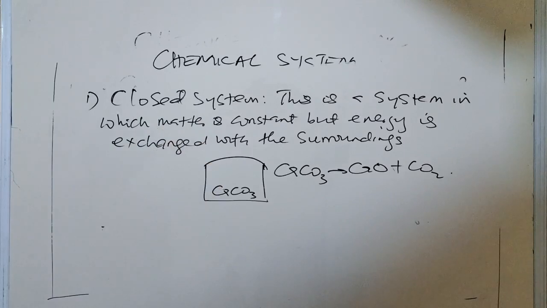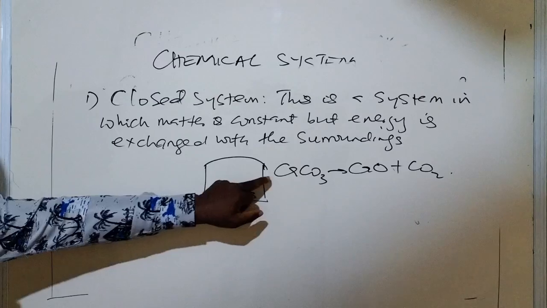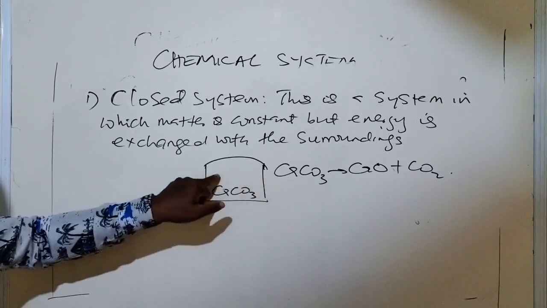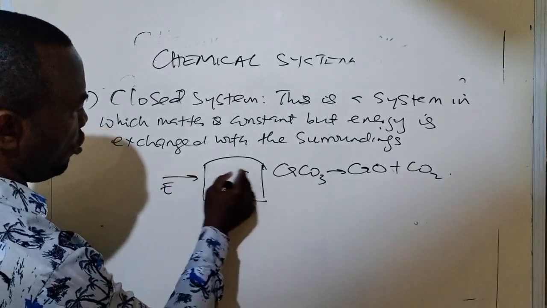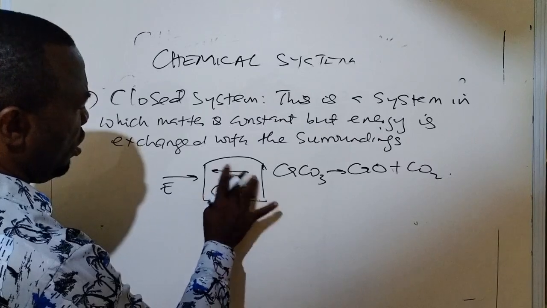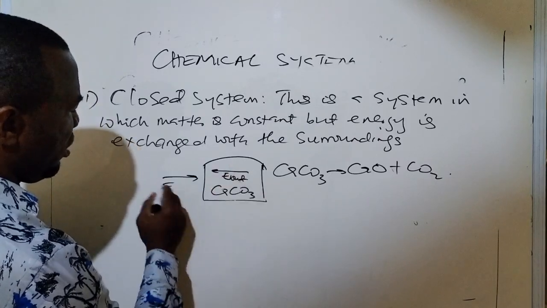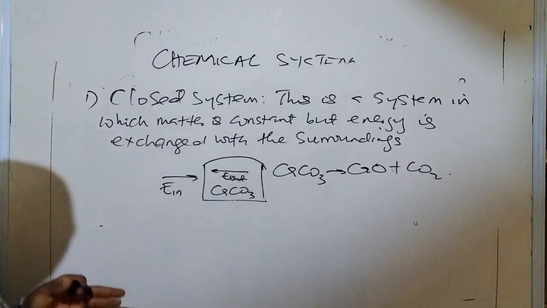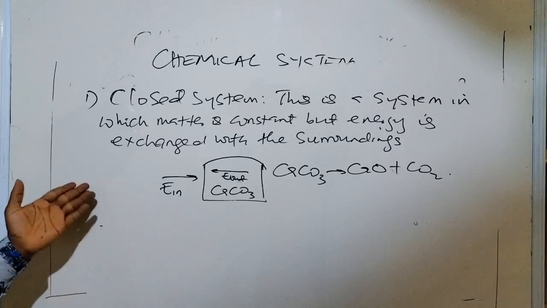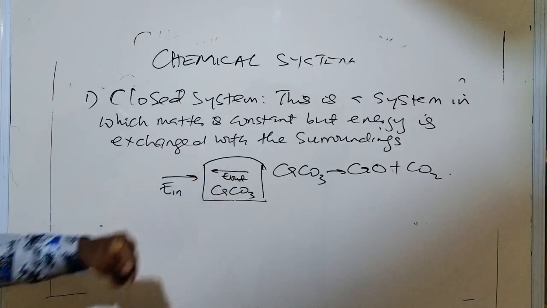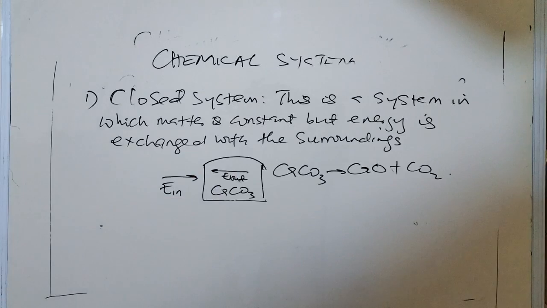But because the walls of the container can be permeable due to tiny holes, energy can be exchanged with the outside, and energy can go in and also move out. So energy can leave in form of heat and also enter because the walls could be permeable. So this kind of system, where the substances are retained, nothing goes out, nothing comes in, it is sealed, but energy can be exchanged with the surroundings, is called a closed system.